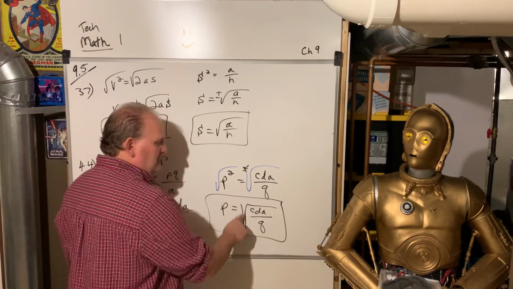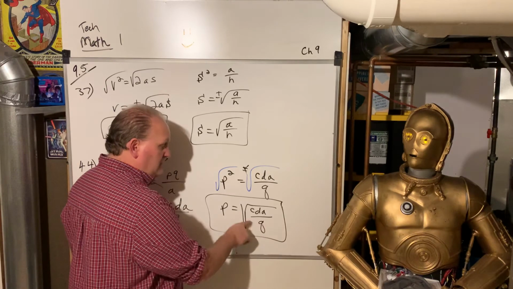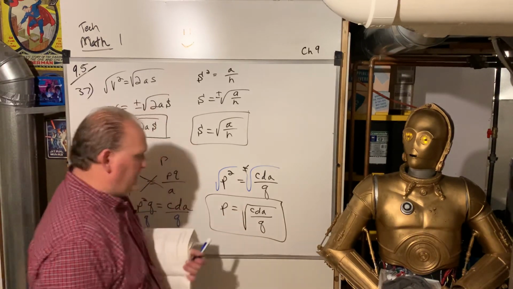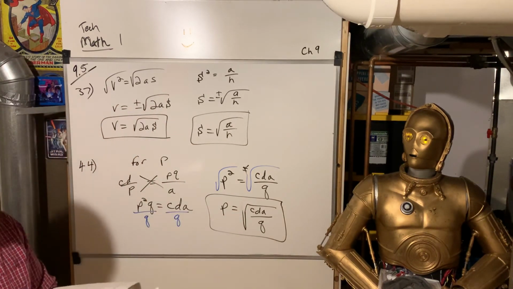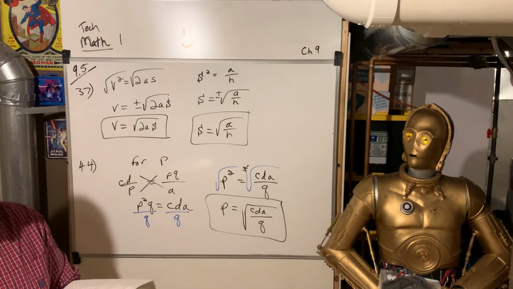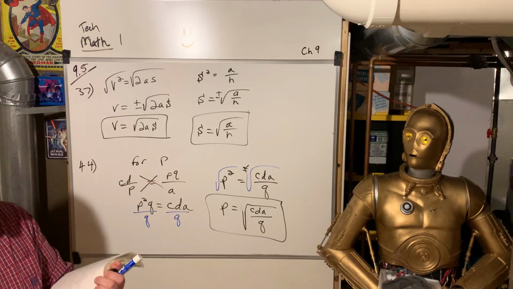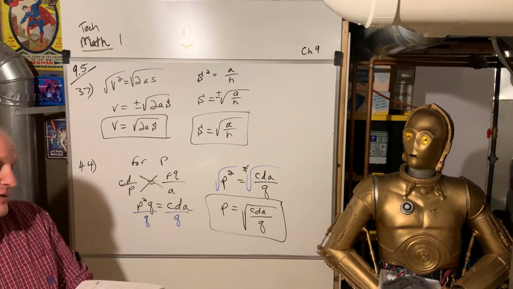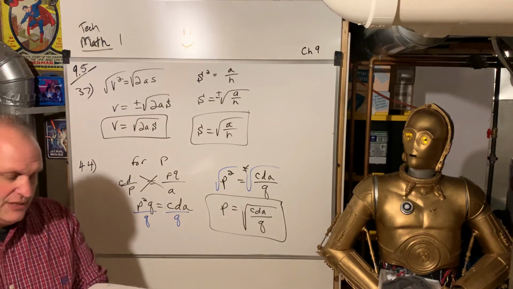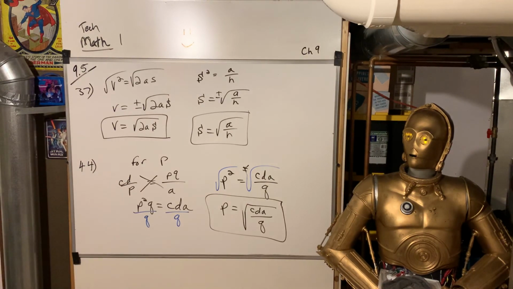And make sure it's clear that the Q is also under the square root sign. My square root sign was a little shallow there where it could have been interpreted either way. So make sure you make it very clear that it's either in the square root or it's not in the square root. All right? Excellent.